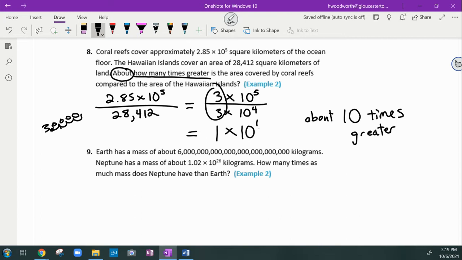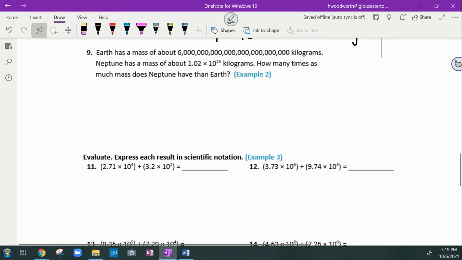All right, number 9. The Earth has a mass of about that. Neptune has a mass of about that. How many times as much mass? All right. And Neptune is bigger because it's got 26 powers of 10, whereas this only has 3, 6, 9, 12, 15, 18, 21, 24.